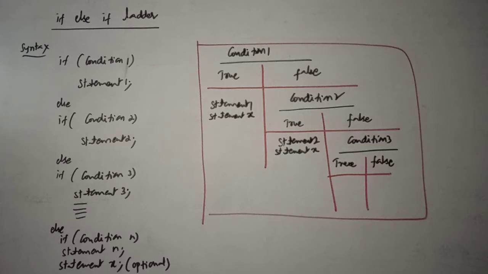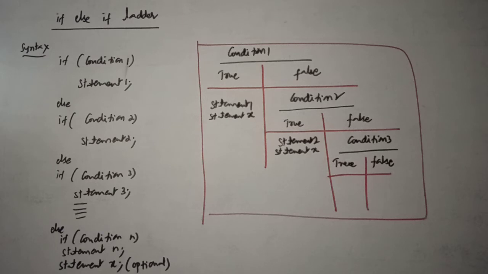We start with condition 1. Condition 1 is true, statement 1 will be executed, and of course statement x, which is in the last one, which has nothing to do with this. What happens if condition 1 is false? As I told you, false is after else. So after else we have another condition.